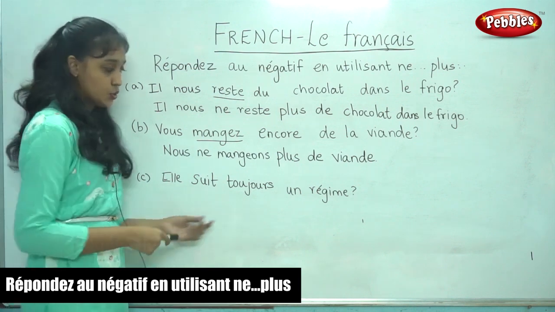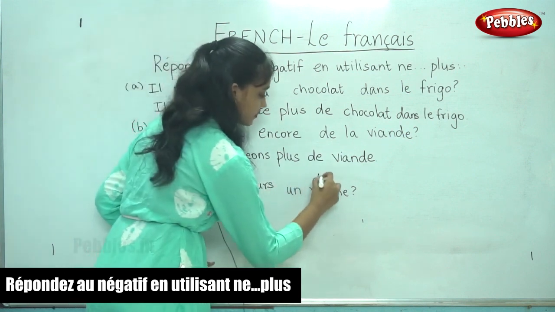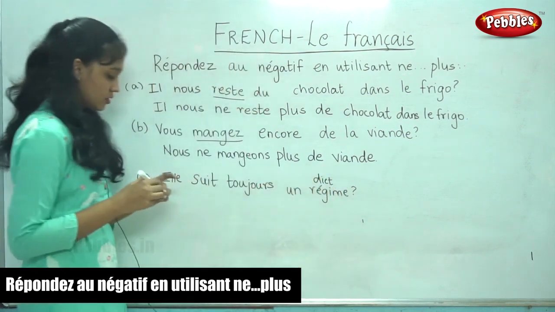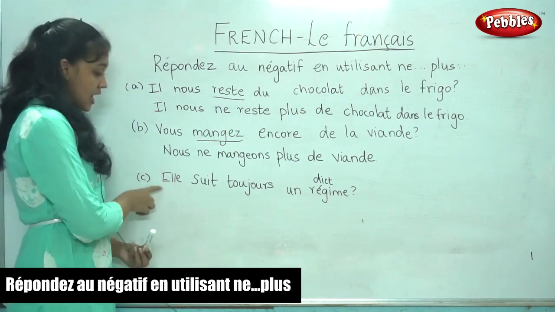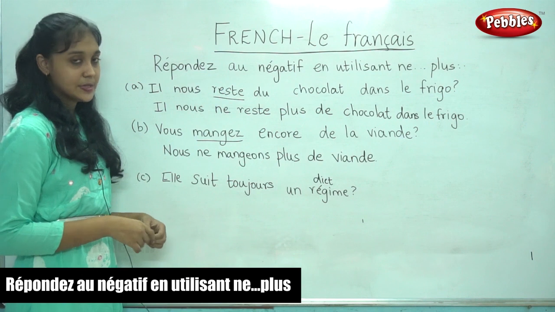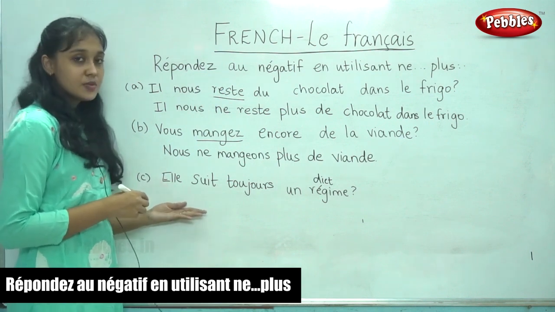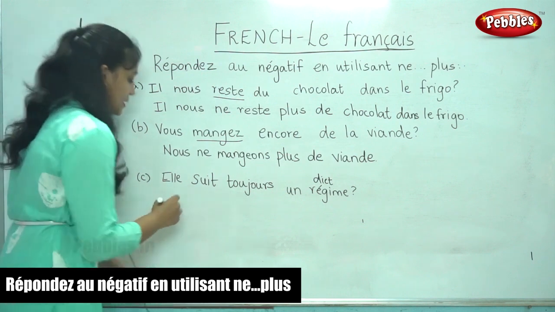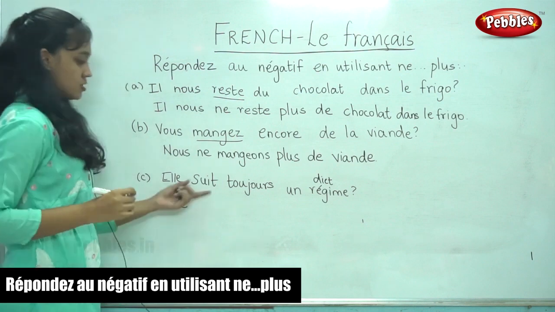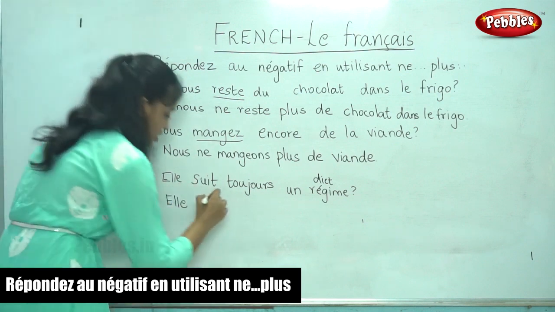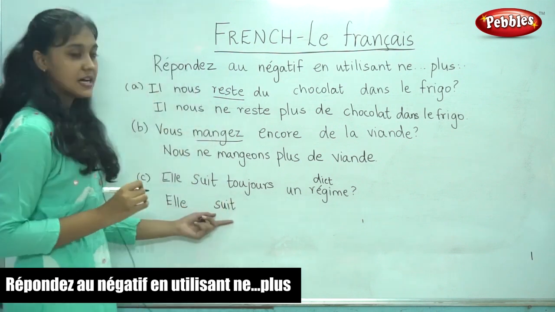Elle suit toujours un régime. Régime means a diet. So here we have no problem because our question is in the third person. So when your question is in the third person, your answer will also be in the third person. Elle. So your verb doesn't change. Suit. And now what is our goal here?